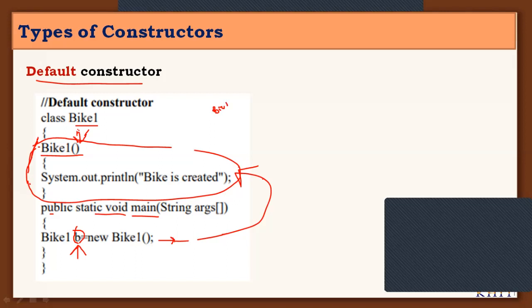It creates one constructor like this, Bike1, with an opening curly brace and a closing curly brace. Like this, it creates one default constructor, and that can be loaded into the program.